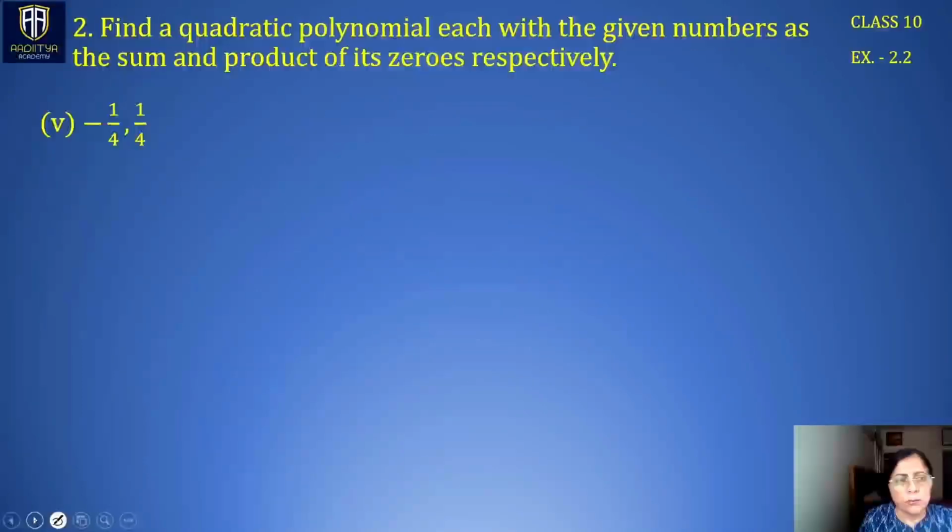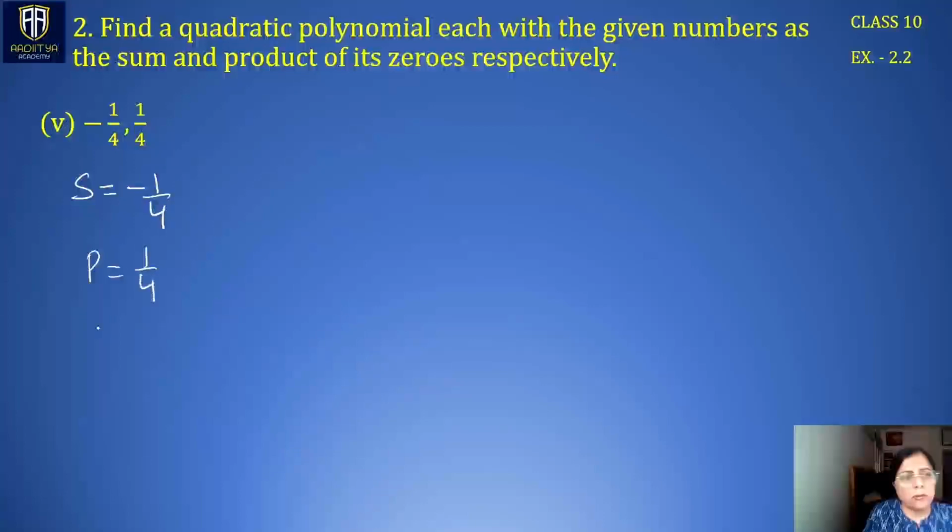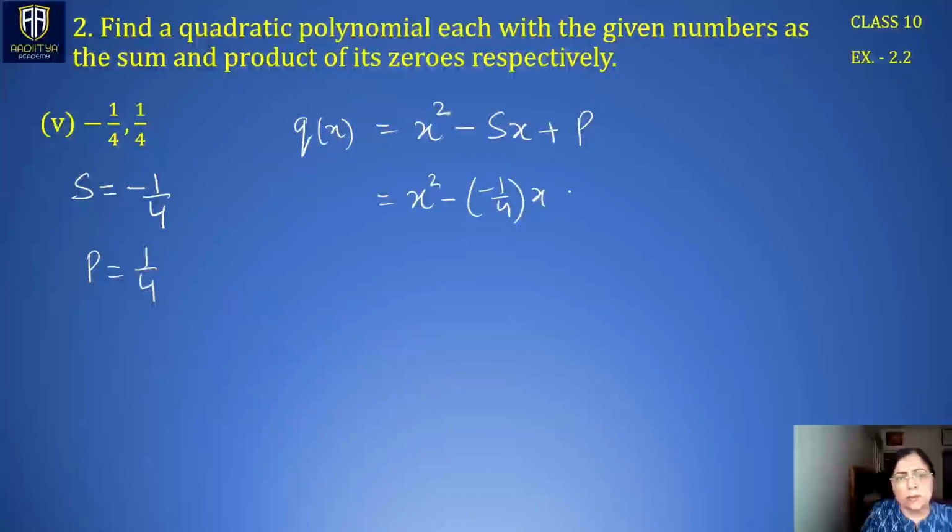Right? So the next is, in the next question we have sum as minus 1 by 4 and the product as 1 by 4. So here I'm taking this as q of x. So the format is x square minus sum of roots x plus product of roots. So I substitute the values here, minus accompanied with minus 1 by 4 x.